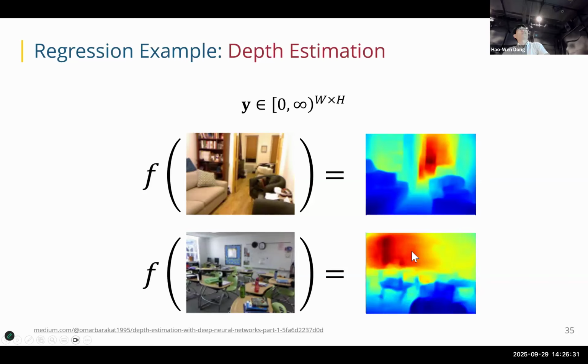So the desk will be blue, and the corner will be in dark red. So, a little bit non-intuitive, but depth estimation is essentially a regression model where we are doing a number estimation on each single pixel.